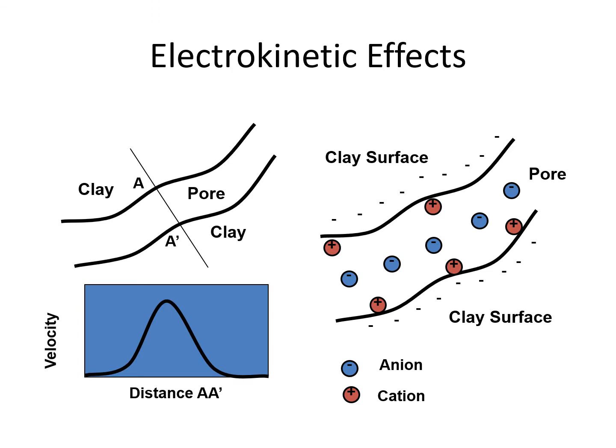Now, this is about the electrokinetic effects taking place within the soil. For example, we have a clay surface here, and inside our channel we have every kind of solute.